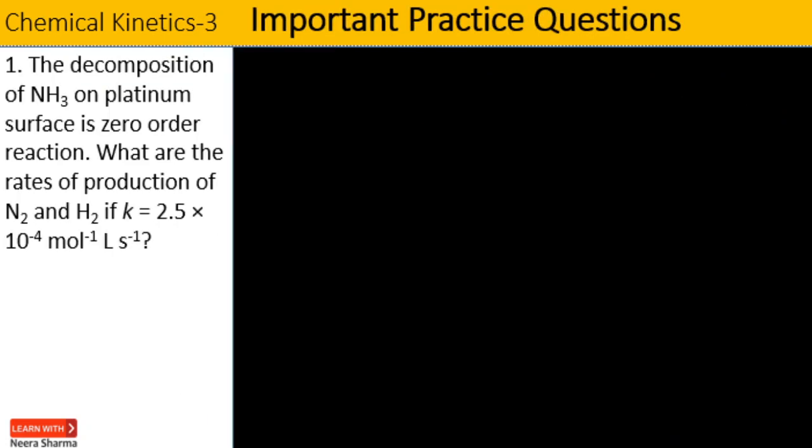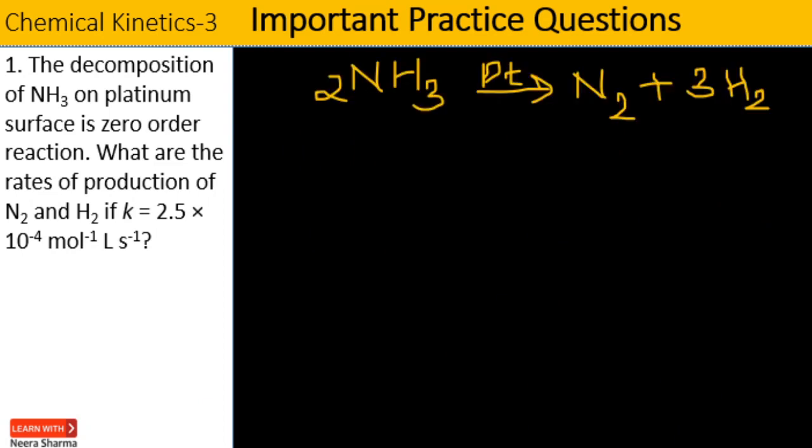Now let's also solve a problem. The decomposition of ammonia on platinum surface is a zero order reaction. What are the rates of production of N2 and H2 if K is given as 2.5 into 10 to the power minus 4 mole per liter per second? So this is a zero order reaction.